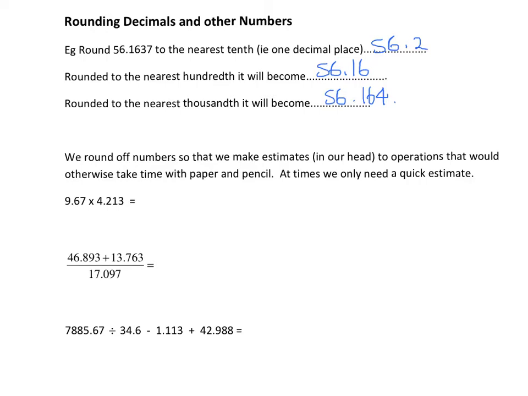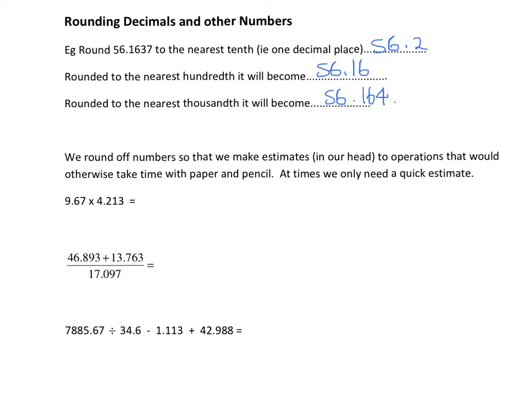So, for instance, if we have 9.67 multiplied by 4.213, you do know the process of working that out by hand. However, if you want a quick estimate of the answer, you would round off both numbers to numbers that you can then operate on in your head.